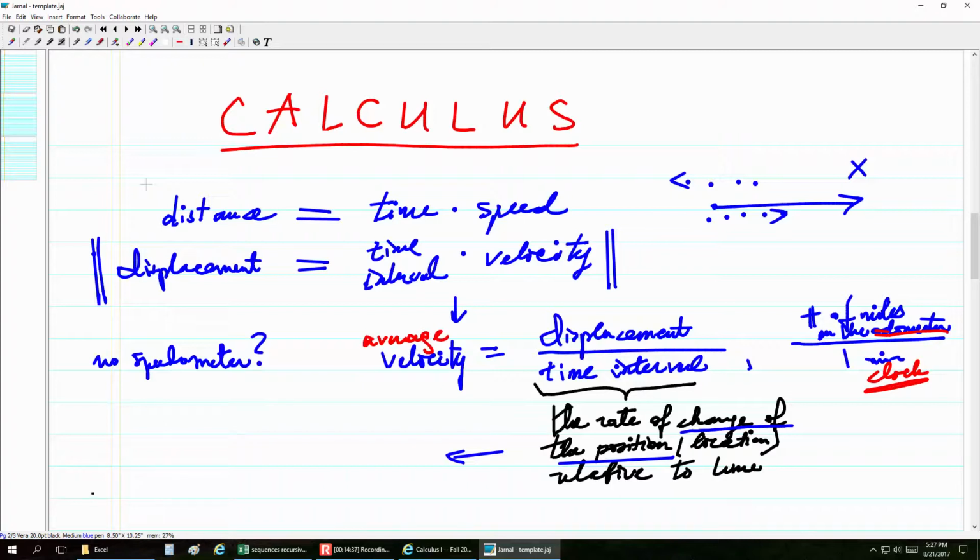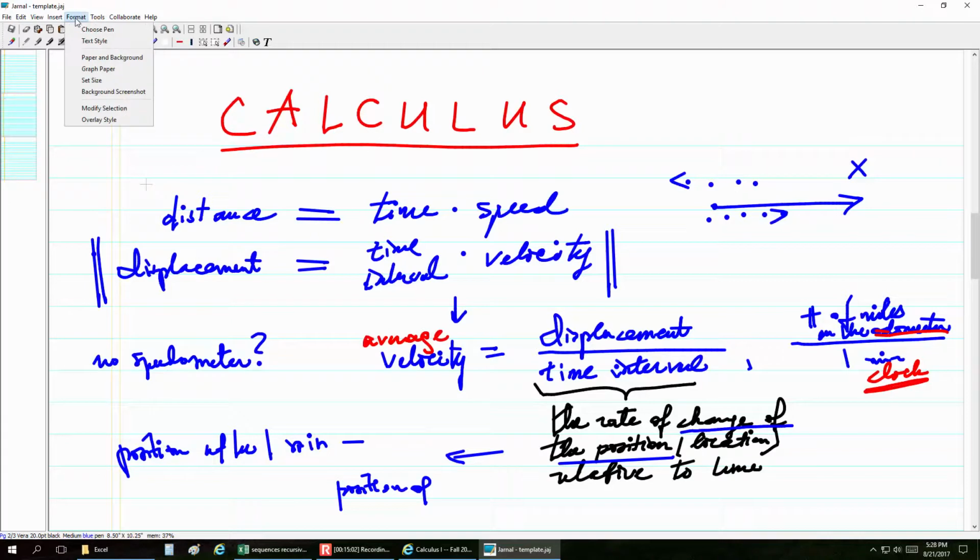So the change of position: take the position after 1 minute and subtract the current position.